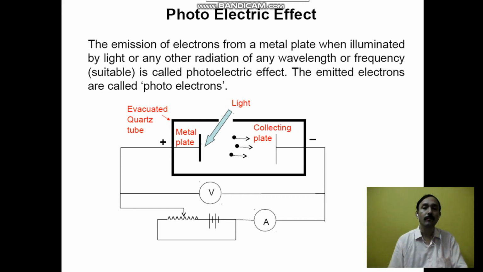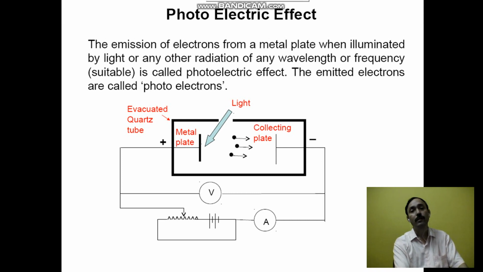Now, if light of higher wavelength, that means frequency is less, is made to fall, then we can see there may be no emission of electrons. That means in the circuit there is no photoelectric current.